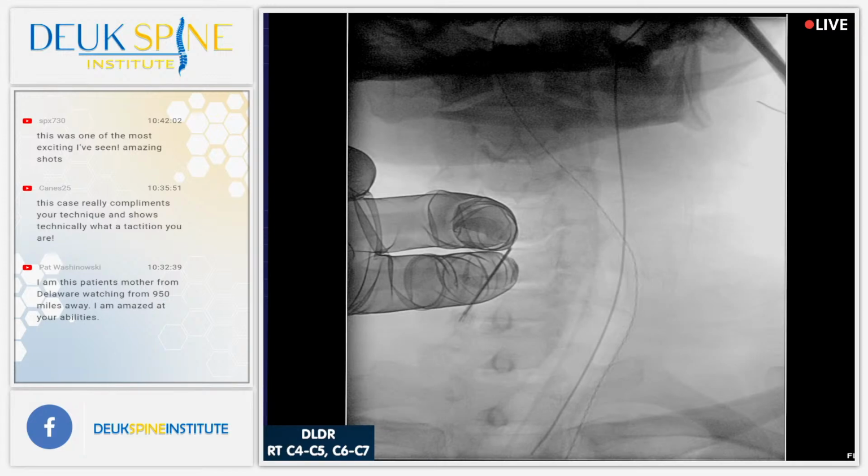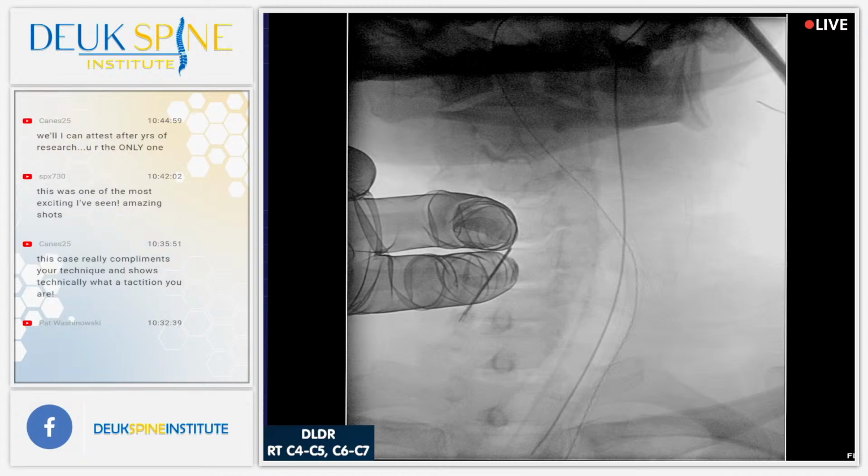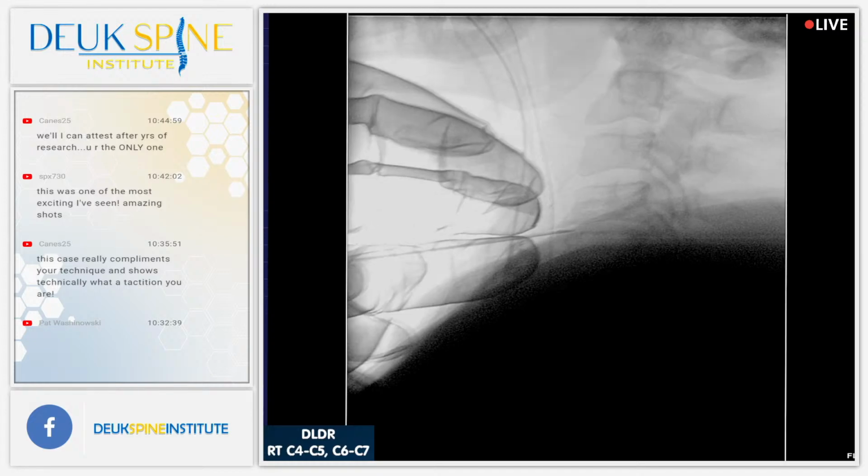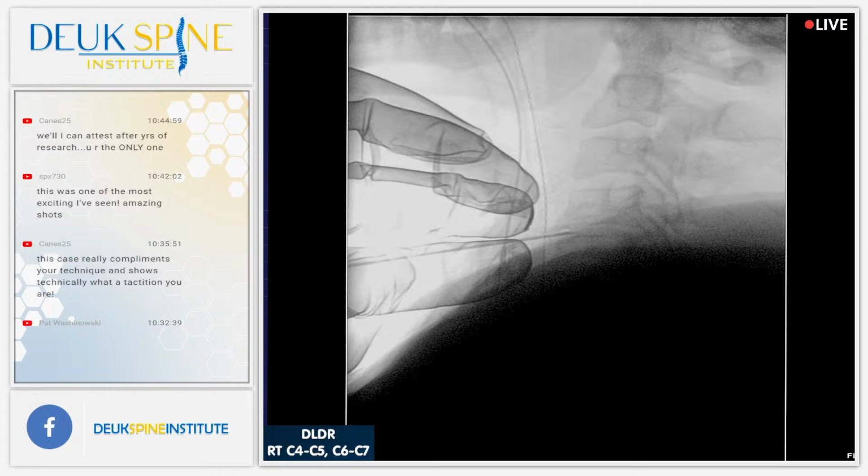Actually, the AP view looks good too. I'm just encountering some bone spurs in the front of the disc. Oh yeah, I felt it. It went in. Yeah, that helped. Thank you. I felt it go. Yeah, not all the way, but it did start going. A little more. Oh yeah. Shot.